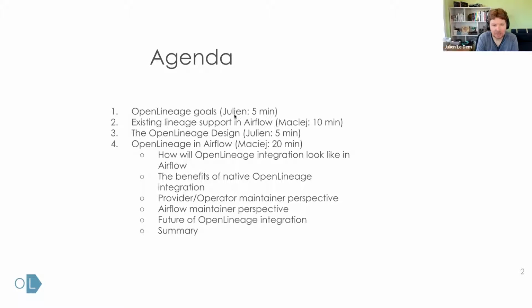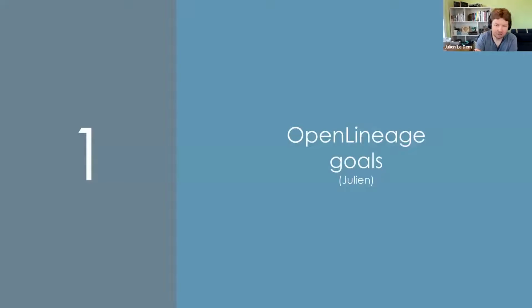And we'll talk specifically about the OpenLineage design and how we make things more extensible and so on. And then Maciej will dive into OpenLineage in Airflow, how the integration worked before AIP-53, how it's going to be changing and easier to maintain afterwards, and so on.